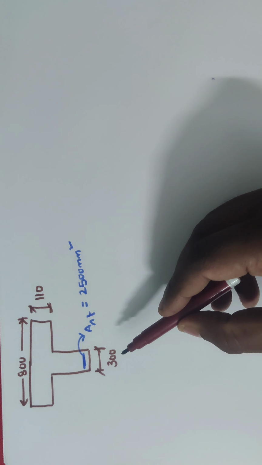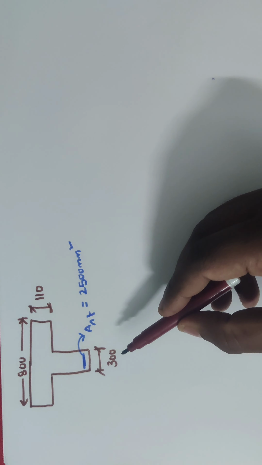First, we need to determine step number 1. We need to determine depth of neutral axis by equating C is equal to T. If the depth of neutral axis is less than df, we can analyze this section similar to a rectangular section.